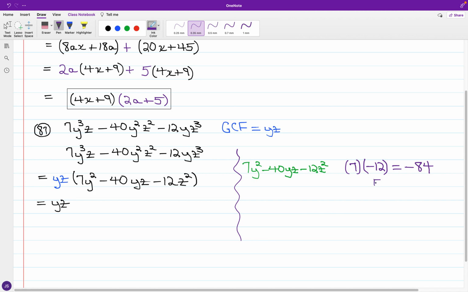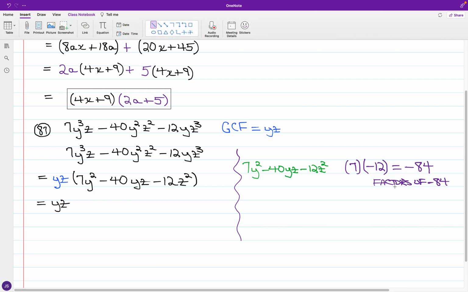So if we look at factors of negative 84 that will add up to negative 40.